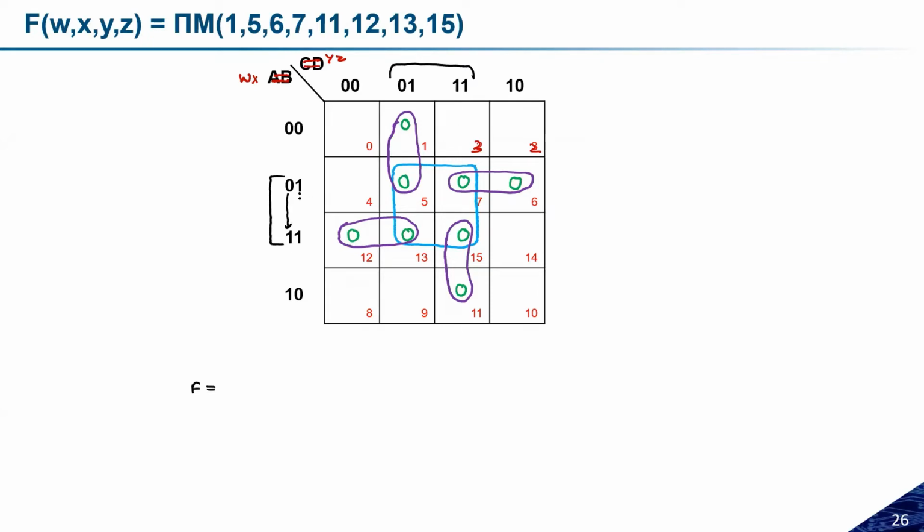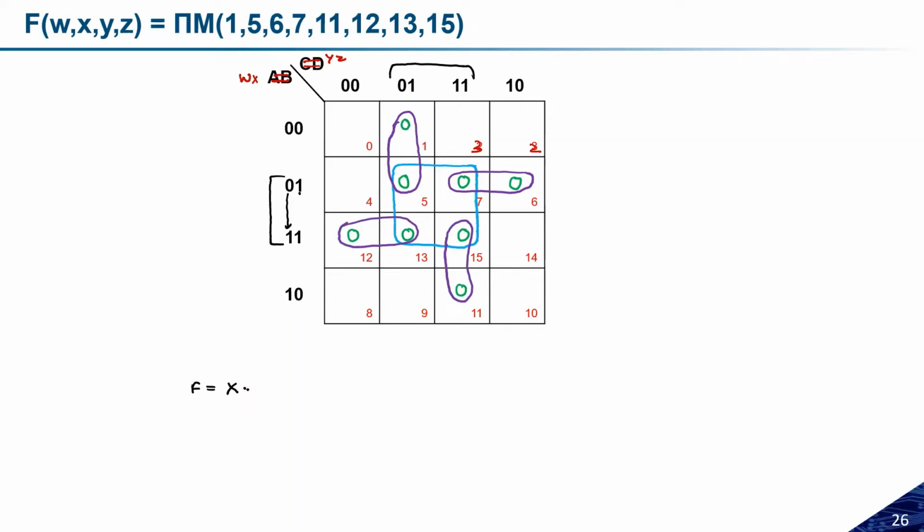Here I will get X, so X will come out, and from this side Y will be cancelled and Z will come out.